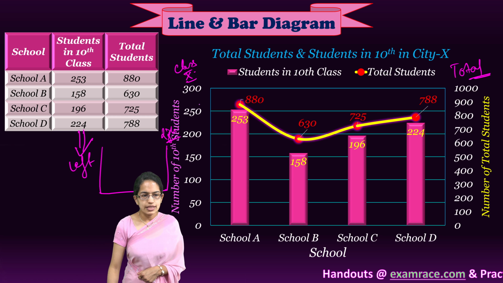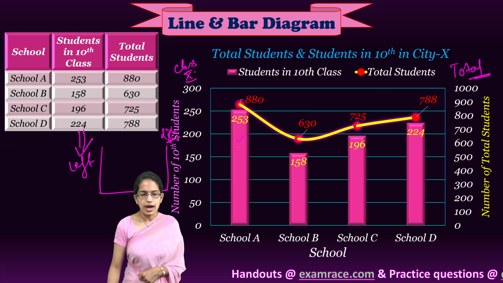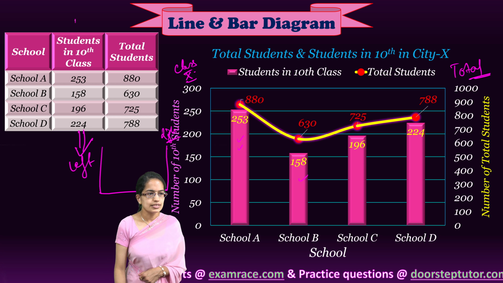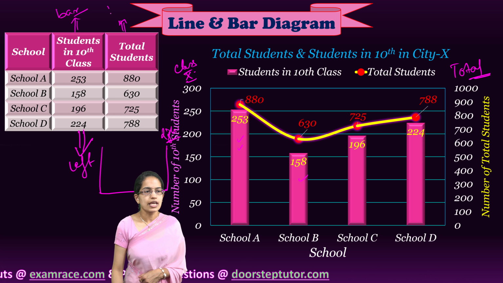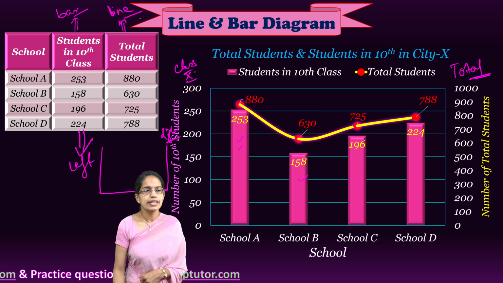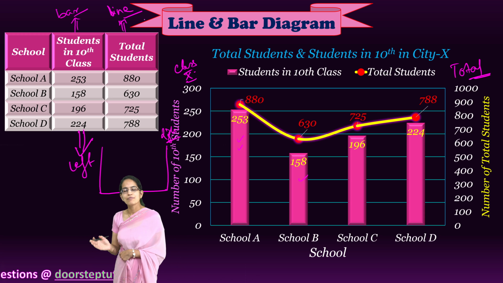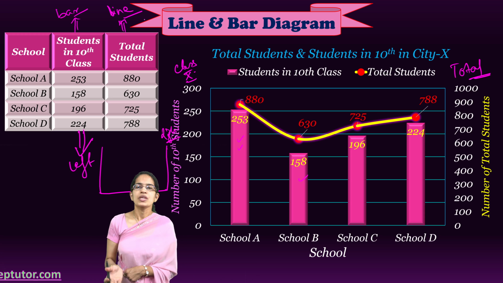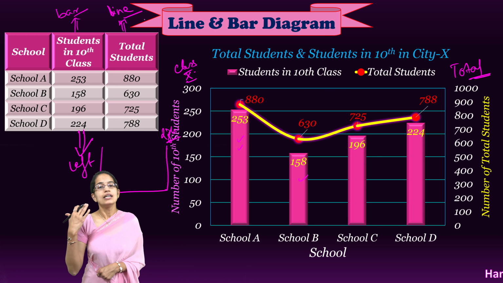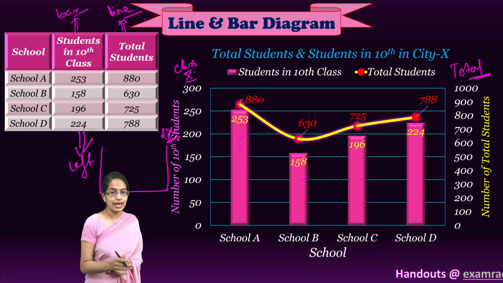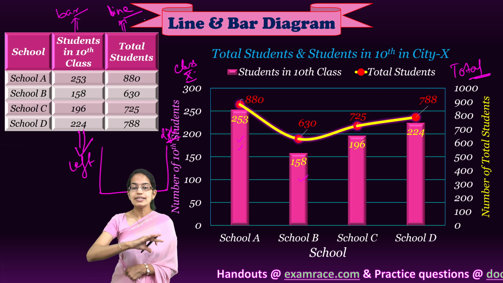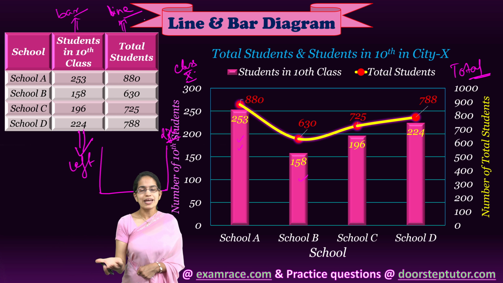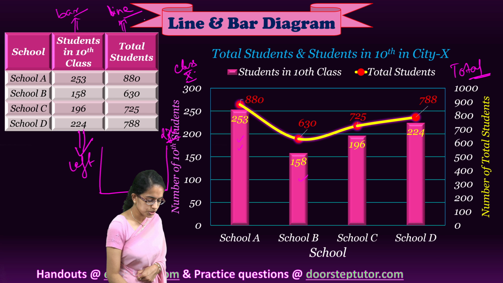So the class 10th students are represented through a bar graph, and the total students through a line graph. So I am using simultaneously a bar graph as well as a line graph in the same diagram, and this helps me solve the problem in a single chart. So my representation becomes much simpler.